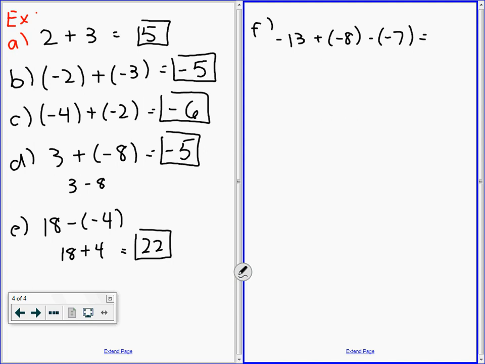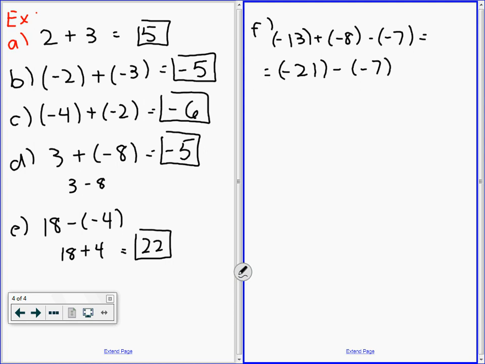Okay? Give it a try, you can do this. Okay, so what TJ said correctly, keep that in a bracket, is negative 21.